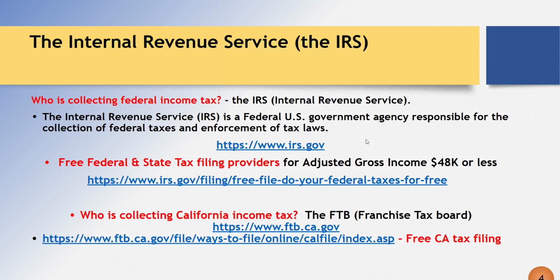If you're not using Glacier, and I will explain later why you wouldn't, you can just go here, and if you're making less than $48,000, you can file your taxes for free, including state tax filing providers. In addition, we have the California income tax authority, called the Franchise Tax Board, which has its own website and also provides free California tax filing.